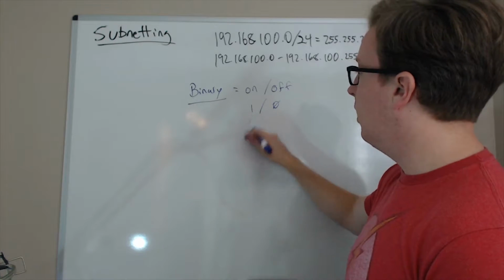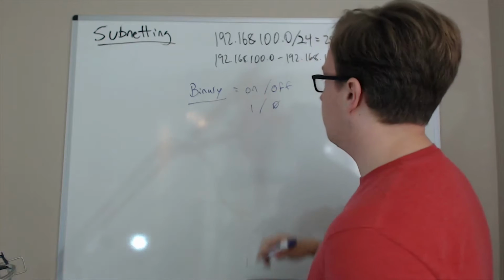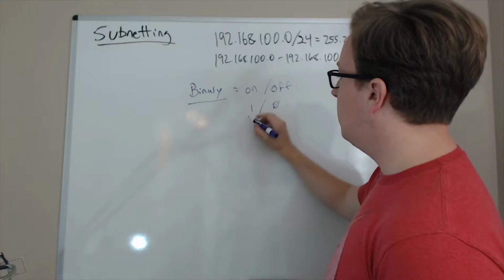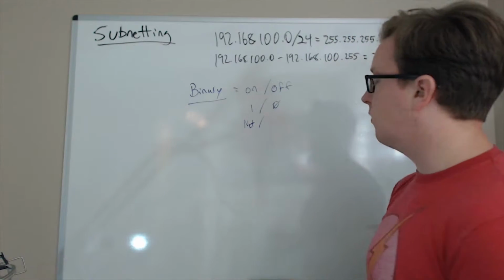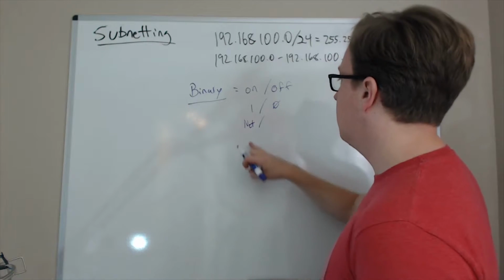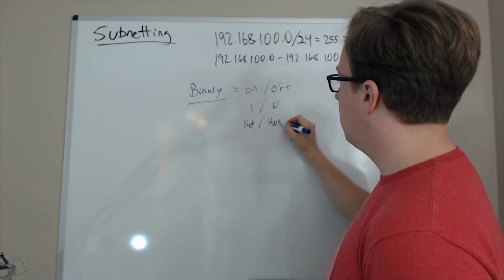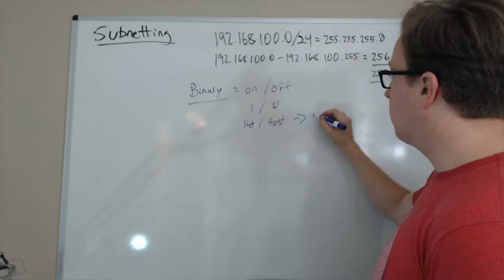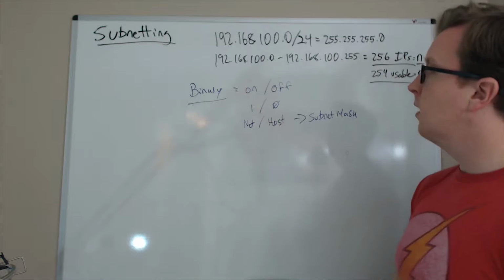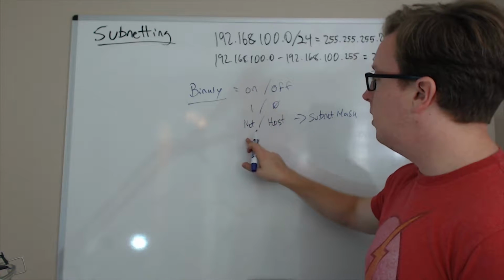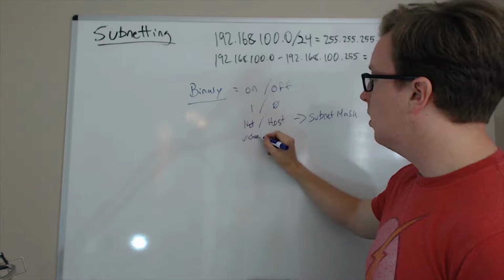In this specific instance, we're going to think of this in two other ways, okay? Just keep this in mind for now, and I'll explain why this is the case. We're going to see the 1 as a network. We'll see the 0 as a host. This is going to be in your subnet mask. You're also going to see the 1 as unchangeable and the 0 as changeable.